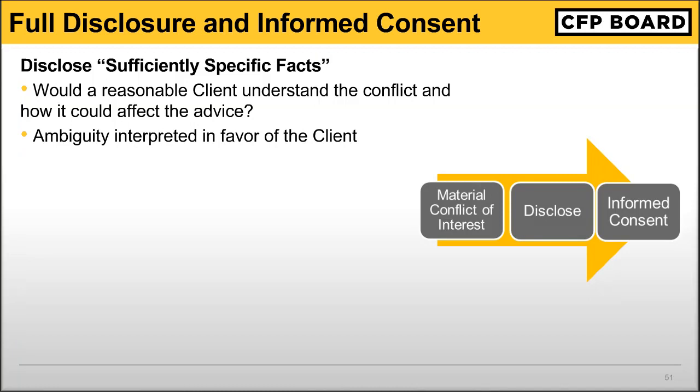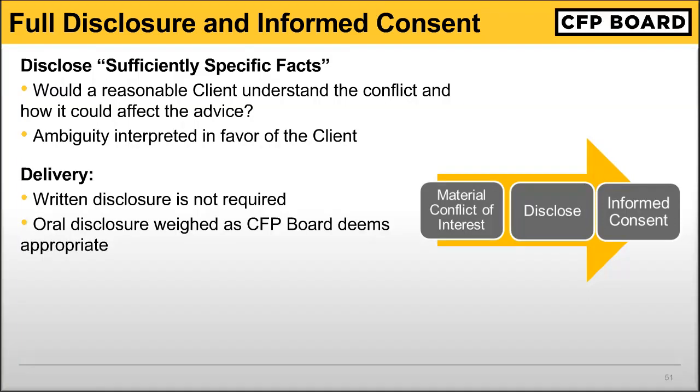I highly encourage you to read the notes to this section to fully understand what it is that's required here. One thing you should know is that if you're a CFP professional and there's a material conflict of interest, even if you believe you're acting in the client's best interest, that does not excuse you from failing to make full disclosure. You have to provide that disclosure to a client.